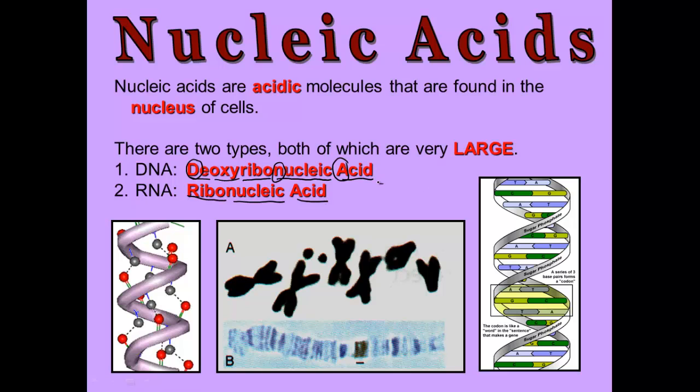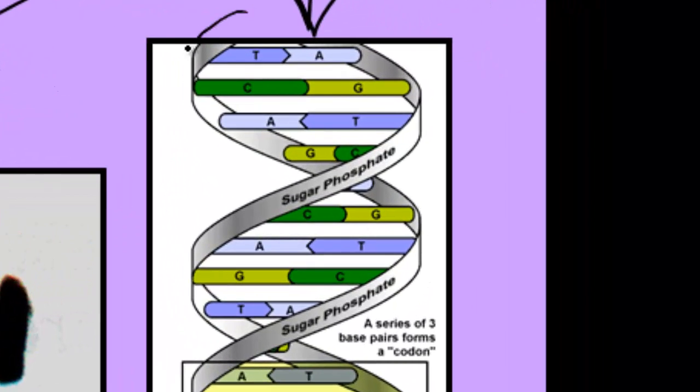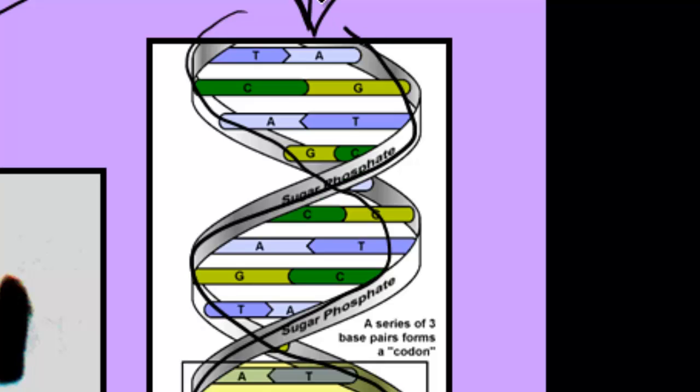Now DNA, you can see in this picture right here, has two sugar phosphate backbones, and those backbones are held together by the bonds that form between the letters that we always refer to when we talk about DNA. T stands for thymine, A stands for adenine, C stands for cytosine, and G stands for guanine.